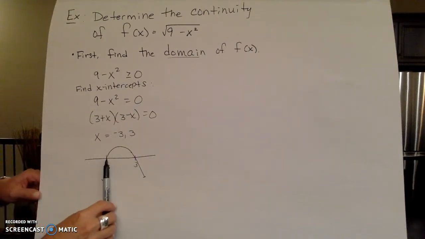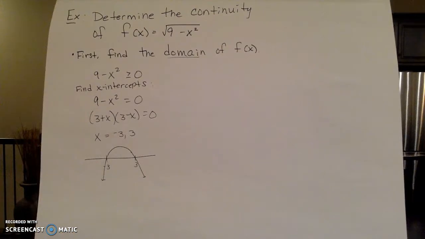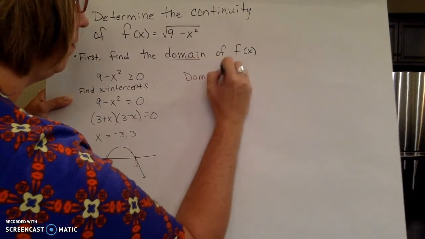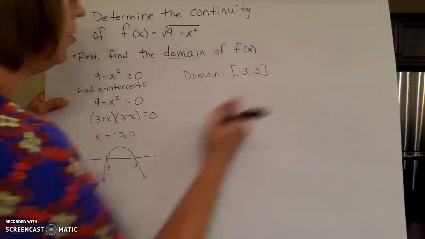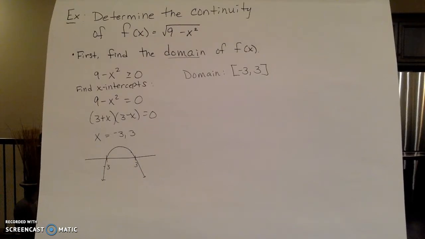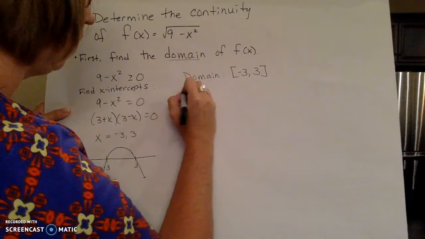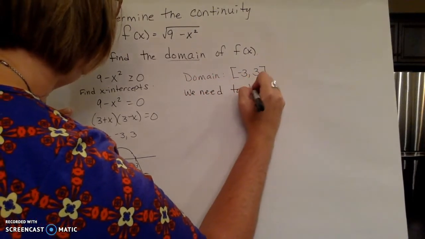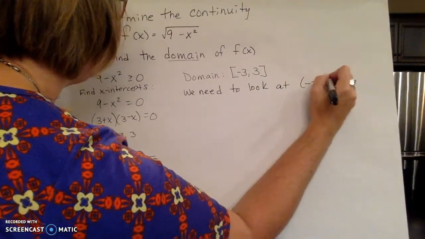Well, it's going to be non-negative between negative 3 and positive 3. Okay? So, domain is the closed interval from negative 3 to positive 3. So, we need to look at negative 3 to positive 3.